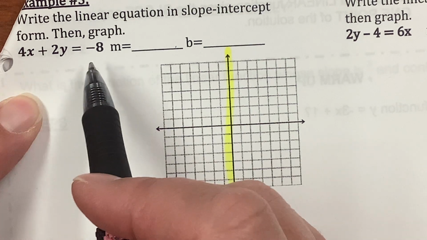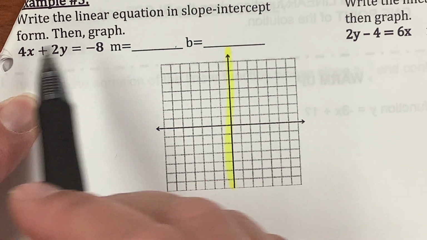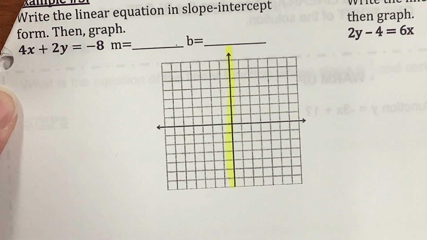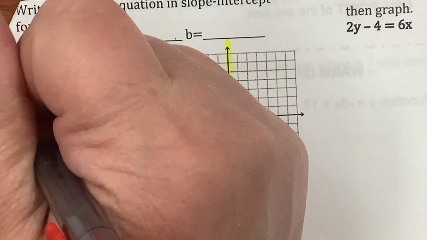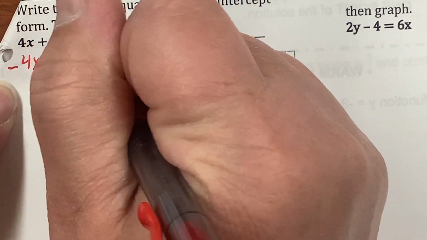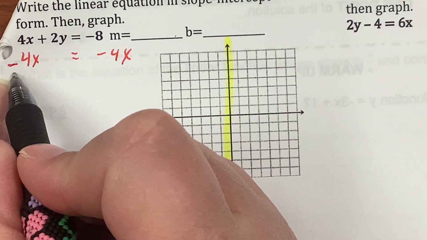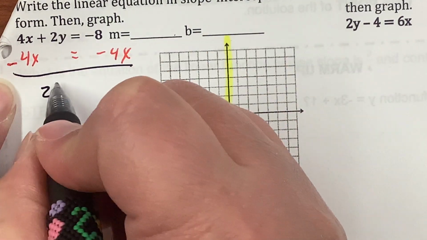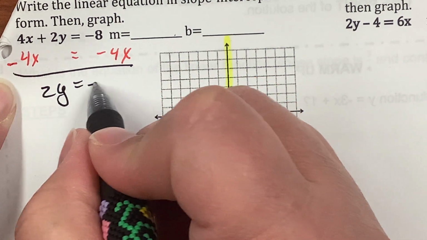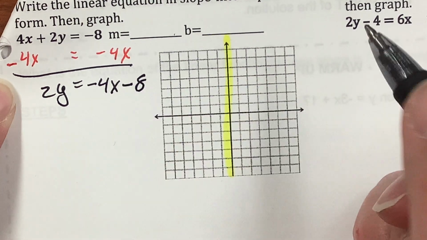First step, remember, you want to have the x and the y on opposite sides of the equal sign. So this is plus 4x. I am going to subtract 4x from both sides. Now I have 2y equals 0, negative 4x minus 8.